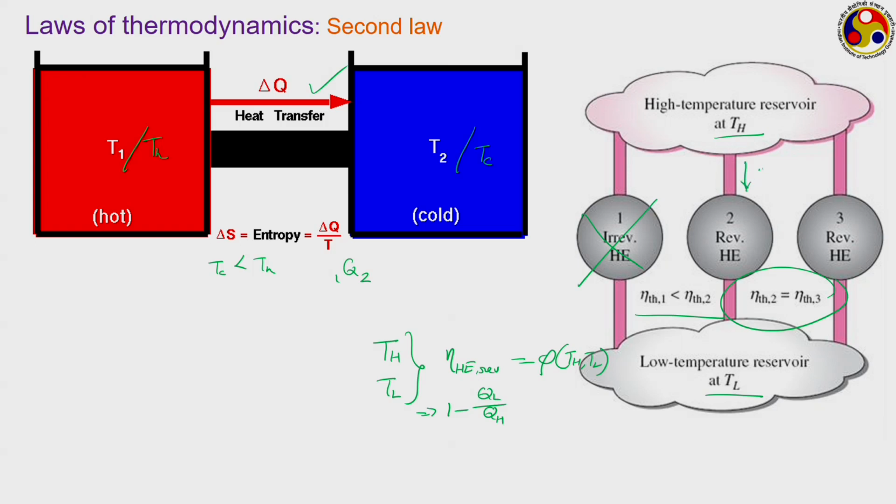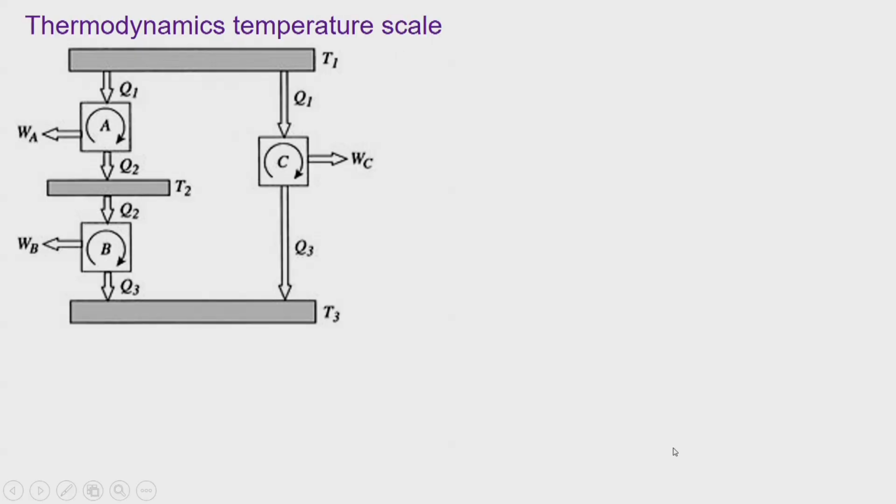So, this has to be a function of TH and TL, that means QL upon QH has to be some function of these two temperatures TH and TL. That is something that we have to make use of to define the thermodynamic temperature scale, or that single point temperature scale which we roughly mentioned in the previous slides.